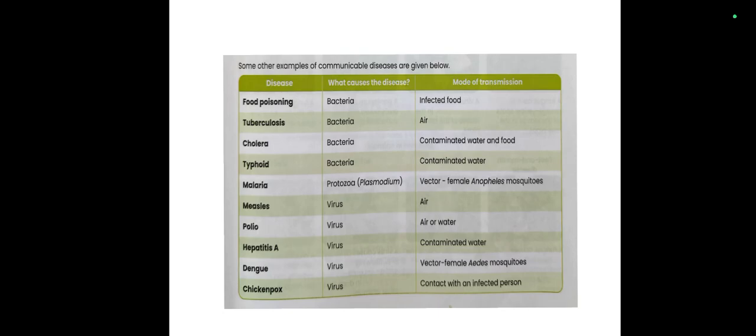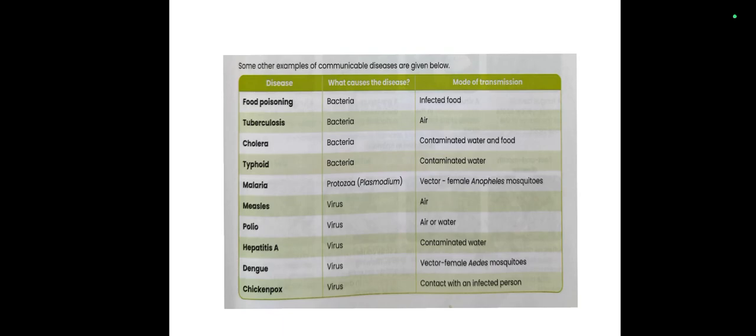There are lots of things about the diseases, but you have to remember what causes the disease and the mode of transmission. So food poisoning is caused by bacteria, and the mode of transmission is infected food.